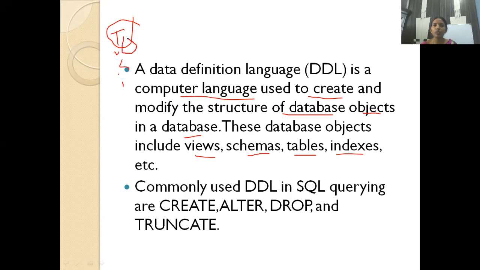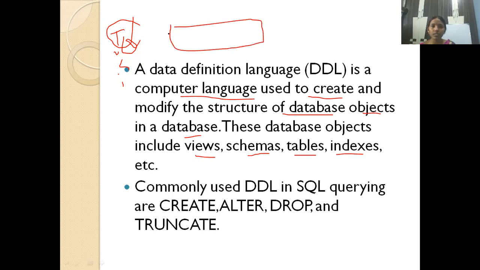Okay. So, what is meant by table? Already we discussed. A table is nothing but a combination of rows and columns. That means a table has rows and columns together in this format, right?